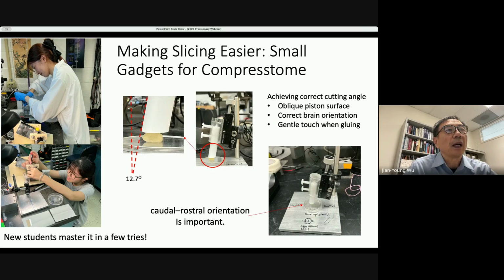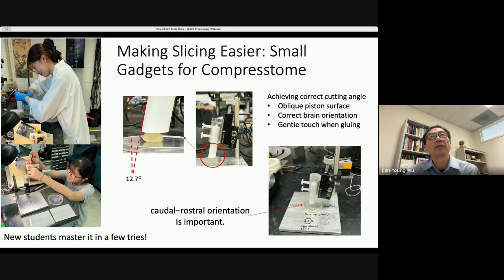How can we get those new students trained in a few weeks? Because they only have 1 semester and they want a project. They want to see whether this compound can affect sharp waves. How can we do that?